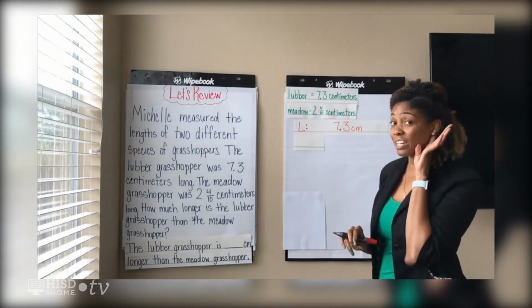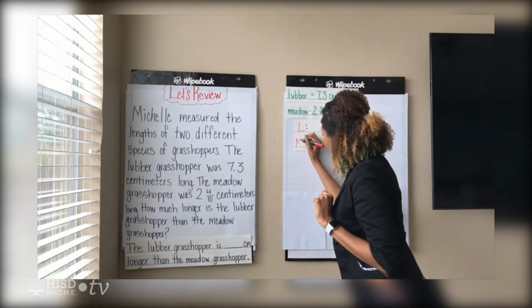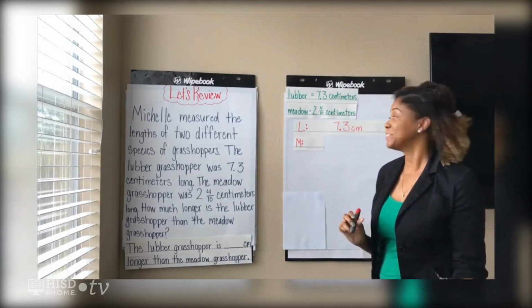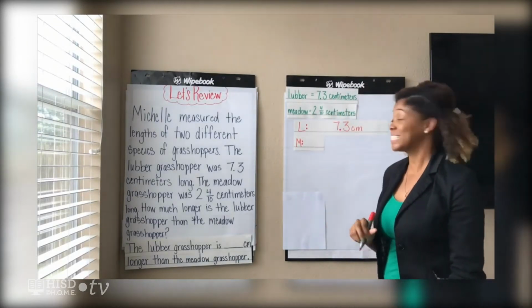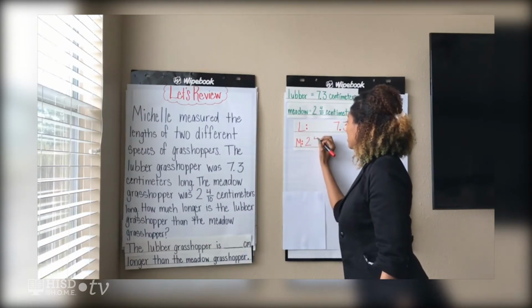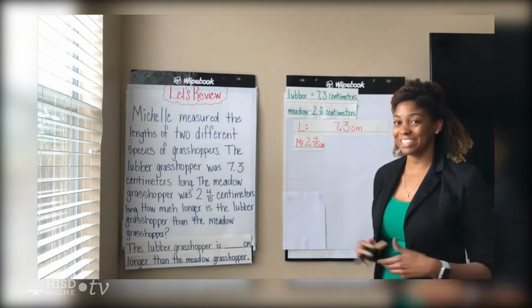And I'm going to go ahead and label it with the M to represent my meadow. And it's 2 4/10 centimeters. So inside, I'm going to write 2 4/10 cm for our centimeters.